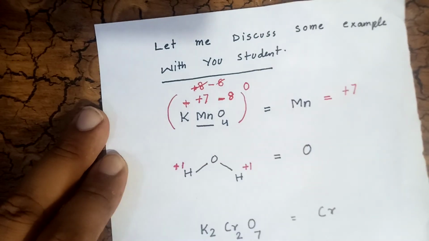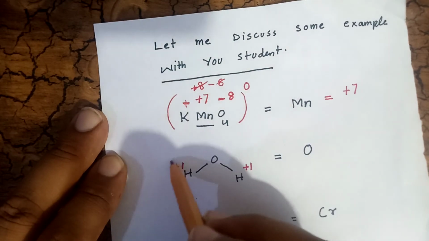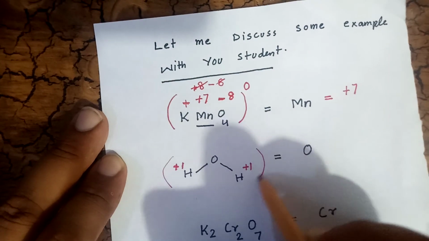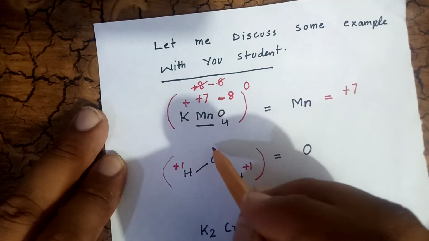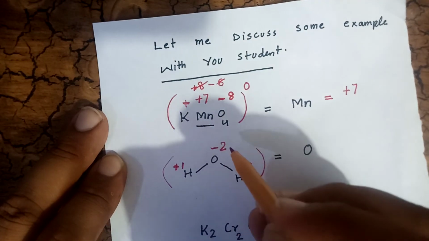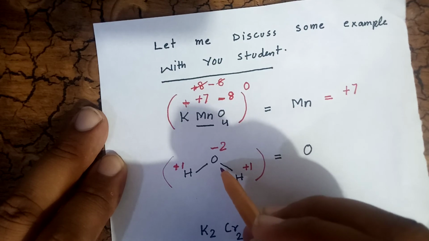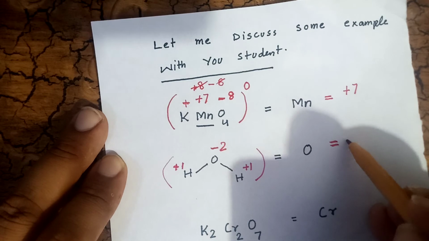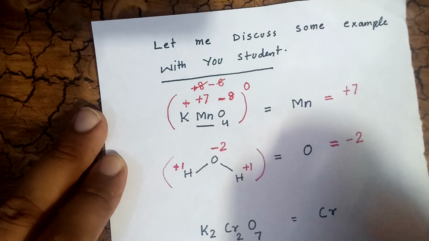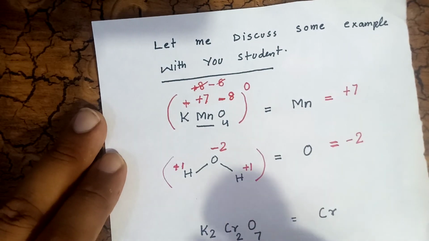So +1 +1. What oxidation state can I give to the oxygen, so as a whole to neutralize water? I assign the oxidation state of -2 to the oxygen. So oxygen has the oxidation state of -2.